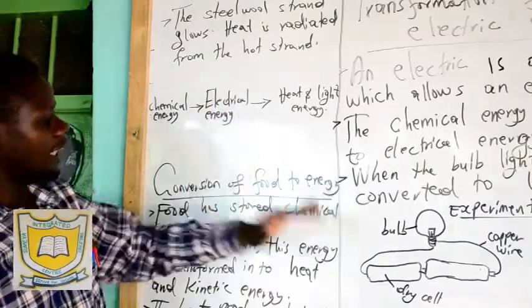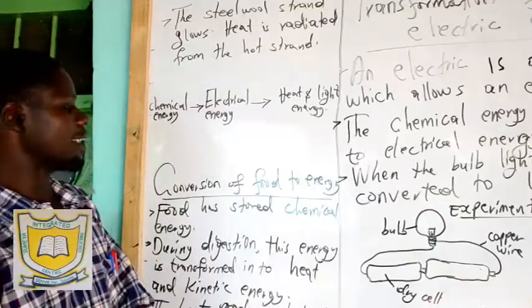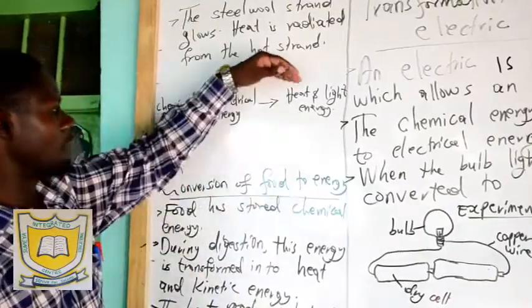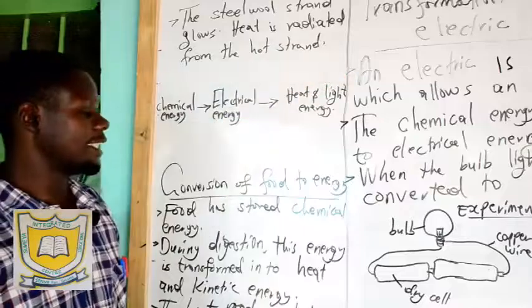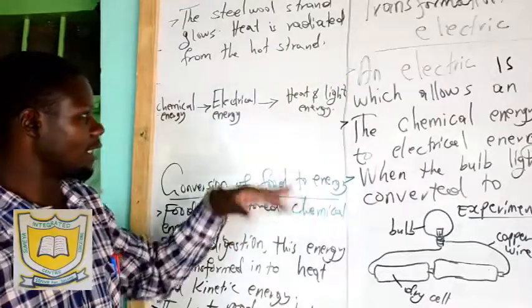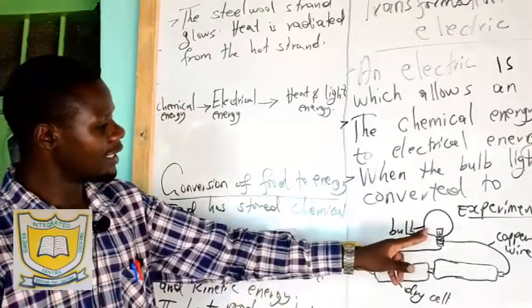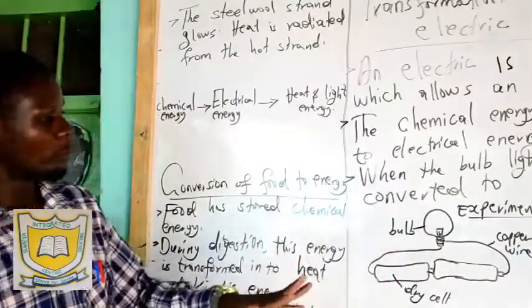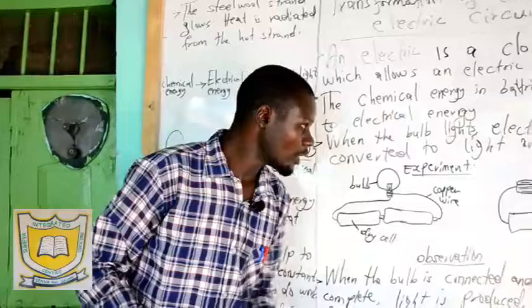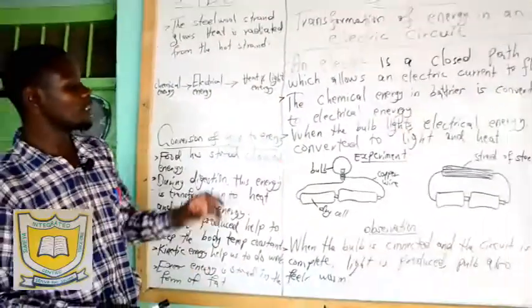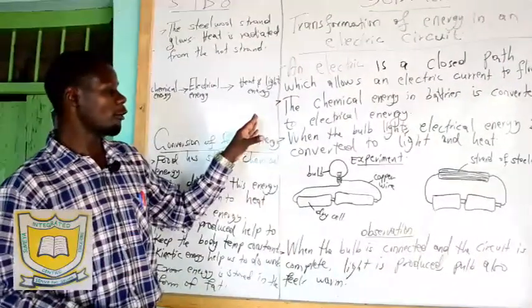Now, after the electrical energy, what are the end results? We have heat and also light in the bulb. We have heat energy and light energy in the bulb. How? The bulb glows to produce light, and the strand of steel wool is also glowing. That is production of light.